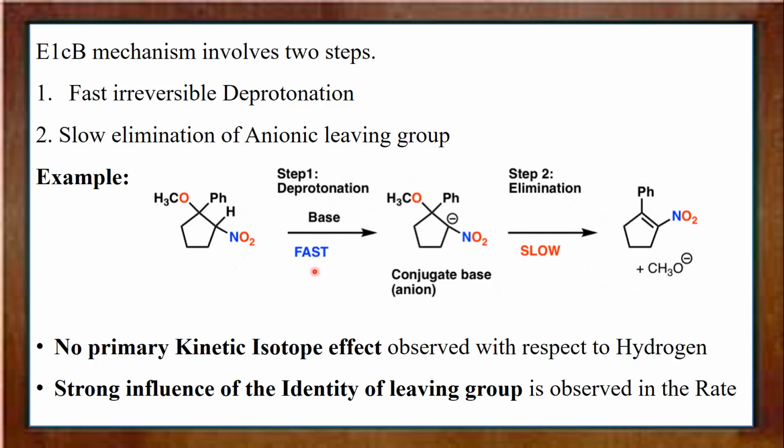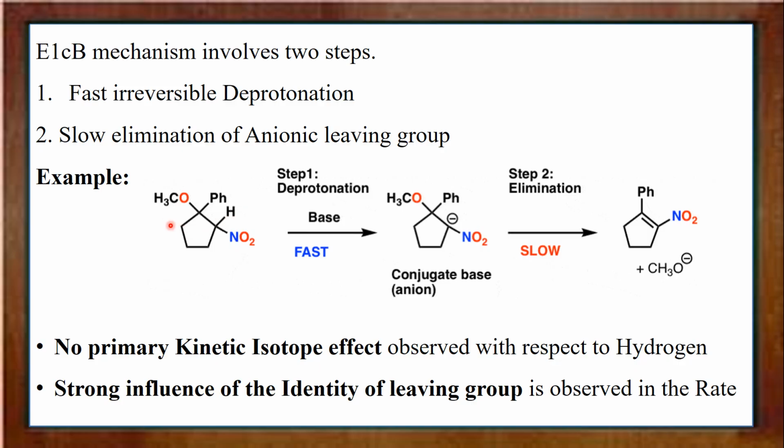The second step is elimination of an anionic leaving group. So here I have explained it with an example. Here is a molecule having a methoxy leaving group. Methoxide anion is a poor leaving group. With respect to this methoxy group, here is the beta hydrogen.